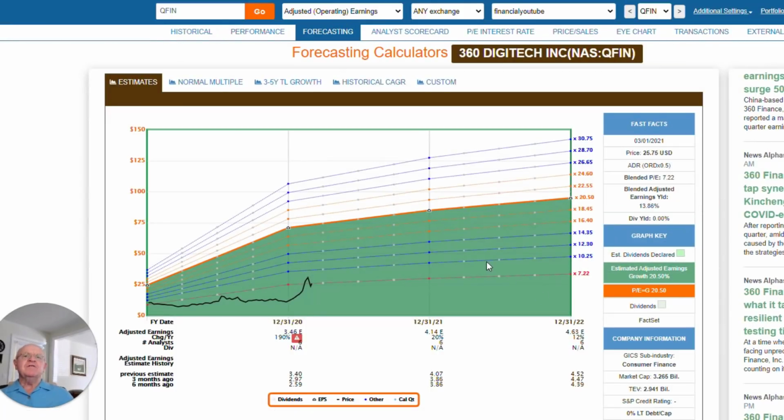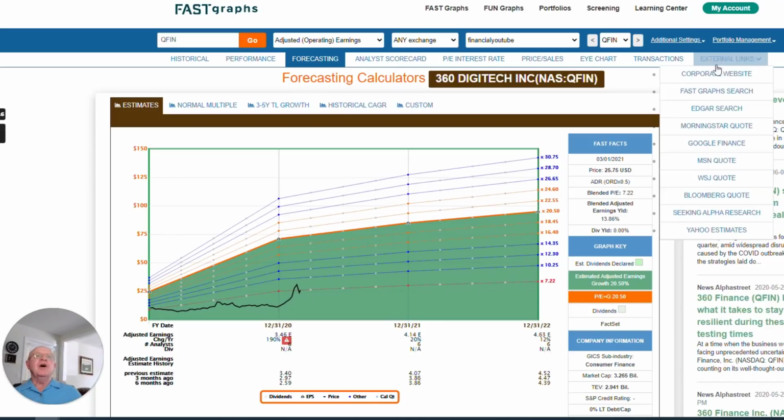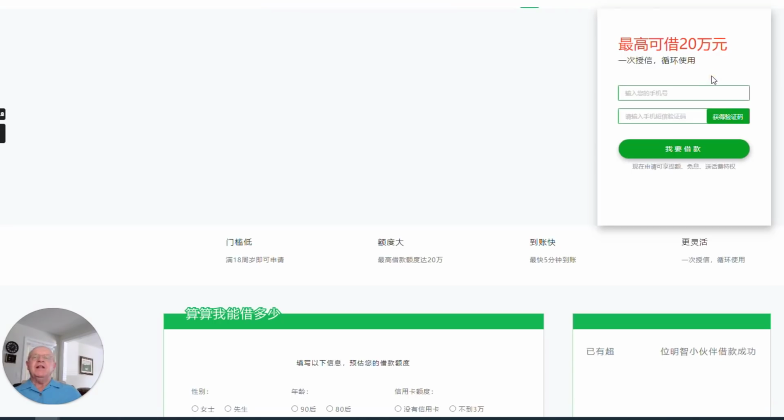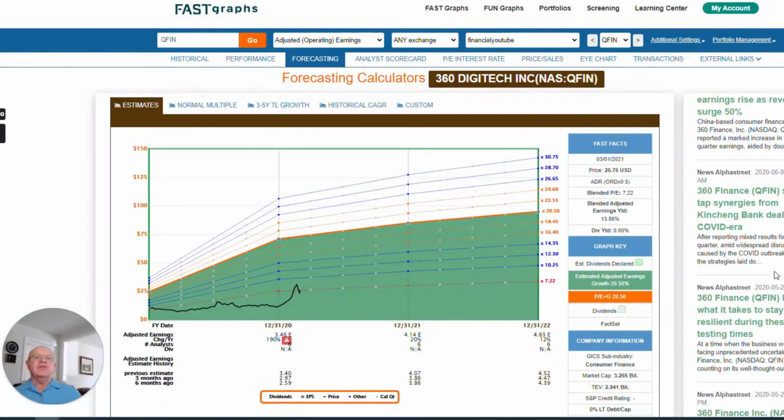I would call this a very interesting speculation. It's one that you might want to speculate in, but I don't know a lot about this stock. It's a Chinese-based company in consumer finance, so it could be of interest for those of you who are interested in investing in international stocks. But the growth is there, or at least it's expected to be there.